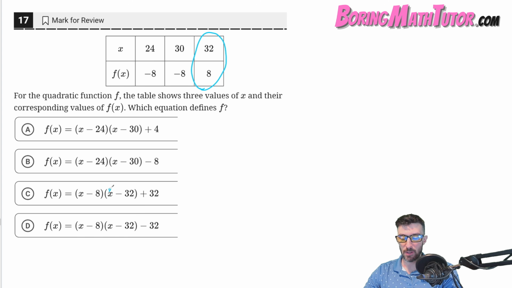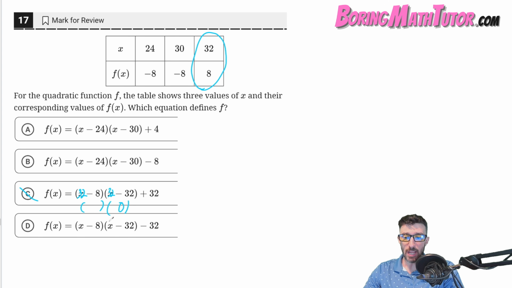And if I were to plug in the 32 for x into this one, then 32 minus 32 would be 0. And then I would have something times 0, which is 0, plus 32. So that would come out to 32. But I don't want it to come out to 32. I want it to come out to 8. So that one's actually definitely not my answer based upon what we just said.